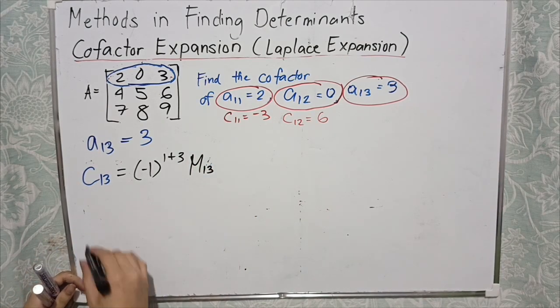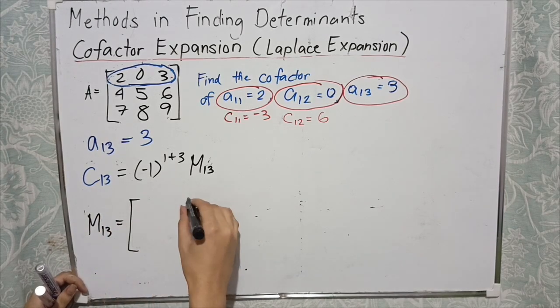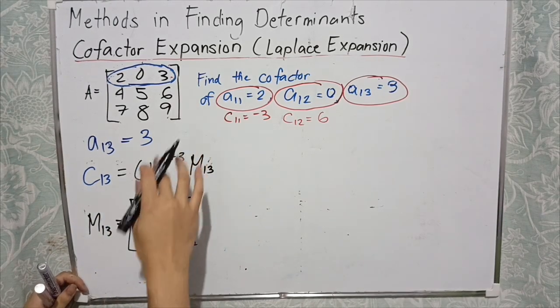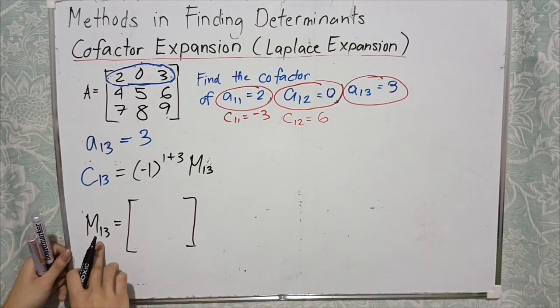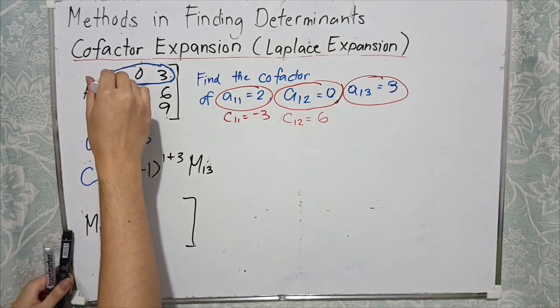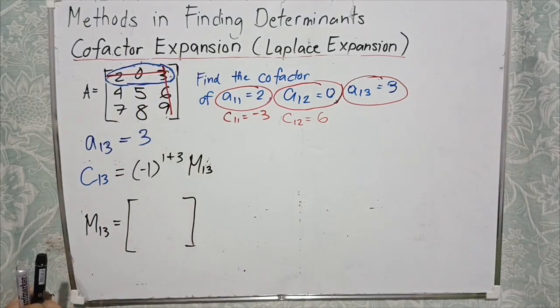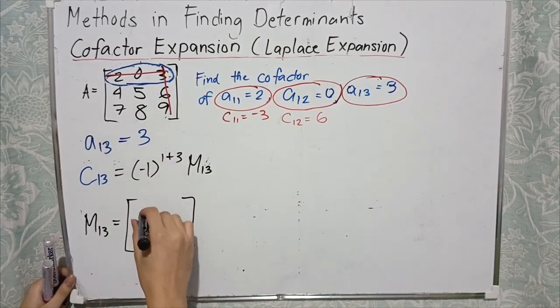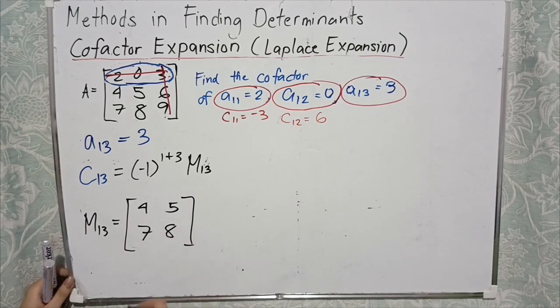To get its minor, from our original matrix A, we need to remove row 1 and column 3. Next, we write the remaining elements. So we have 4, 5, 7, and 8.